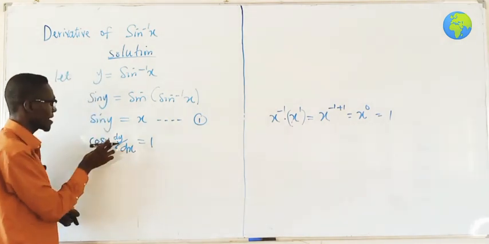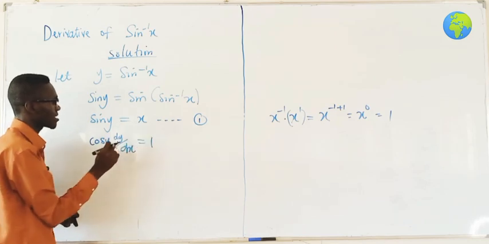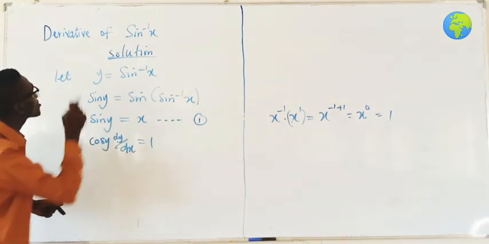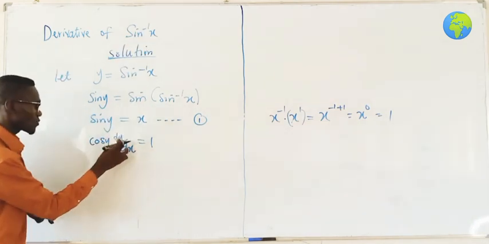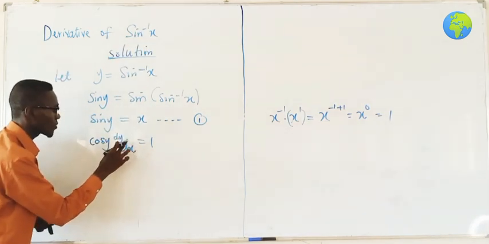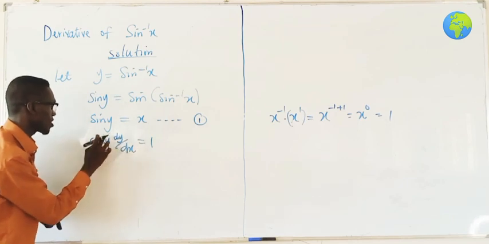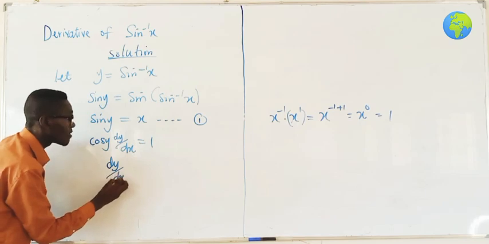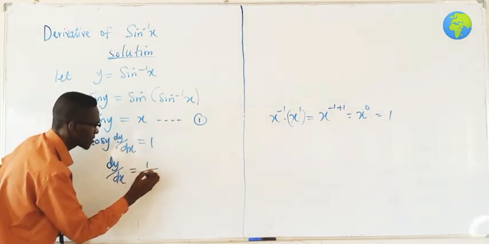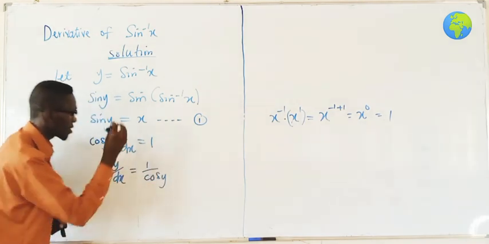So cos y dy dx equals 1. After this step, remember we are just trying to find the derivative of this, so we need just this portion, right? So let's divide both sides by cos y. Dividing both sides by cos y, we are going to have dy over dx equals 1 over cos y.